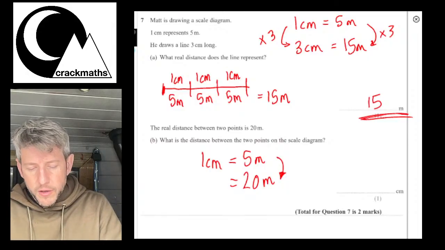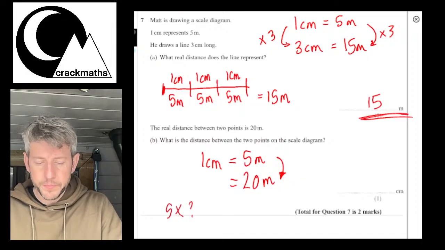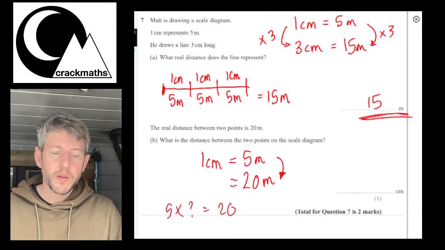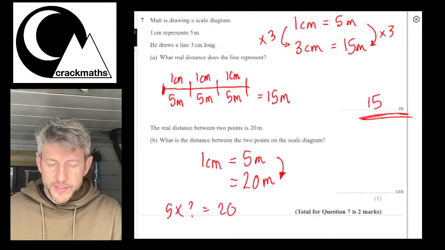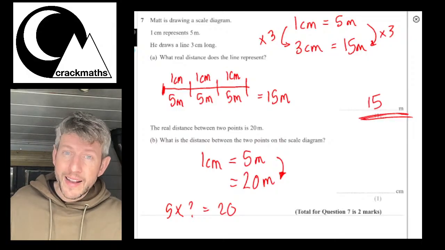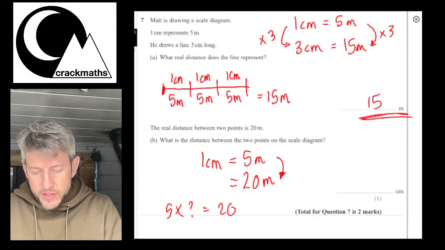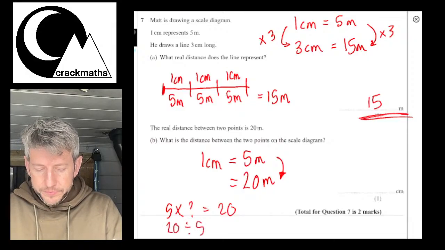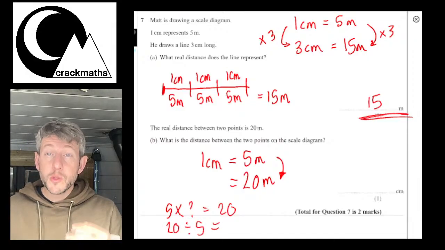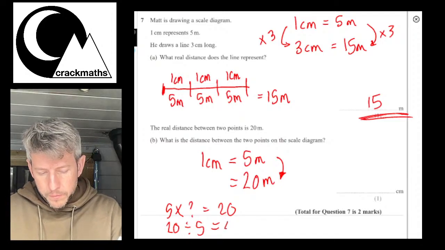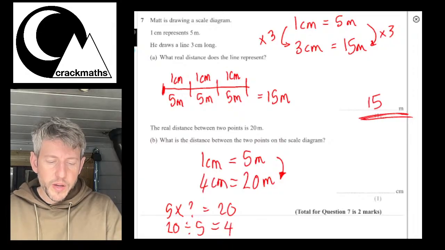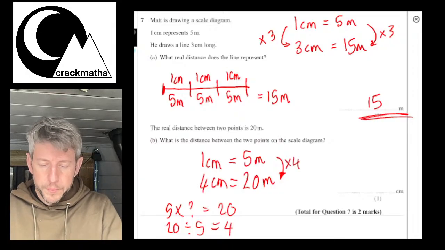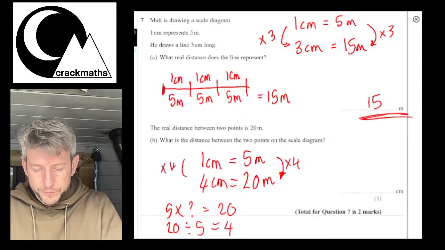So in other words, 5 times what equals 20. So if I'm wondering about 5 times what equals 20, in order to answer this bit, I can do 20 divided by 5. Okay, well 20 divided by 5 is going to be 4. So this will be 4 centimetres. Okay, so I can see that I times this side by 4, times this side by 4.